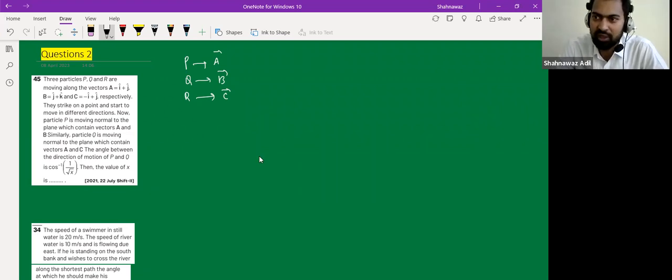Can you guys remember the vector classes? If I want to draw a vector which is normal to A and B, let me give you a hint. Let's say you have an i vector and you have a j vector.